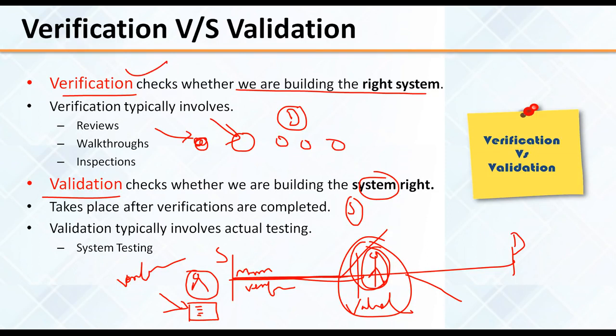That is verification. The documents will direct you, in the form of reviews, walkthroughs and inspections. We will conduct reviews on the document. Review is nothing but checking whether the document is correct or not, to ensure correctness and completeness. All the details have been mentioned in the document or not.